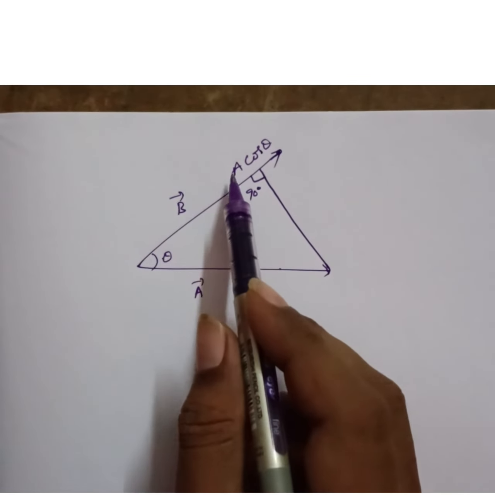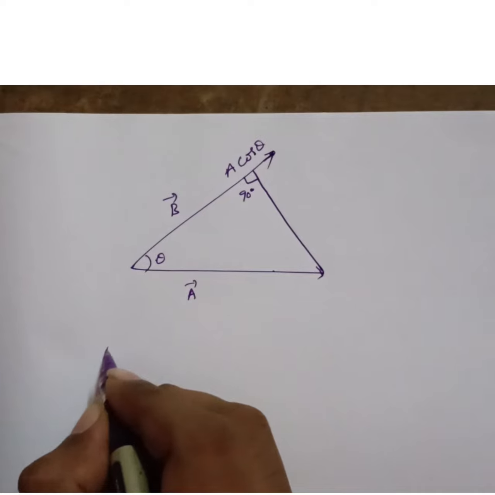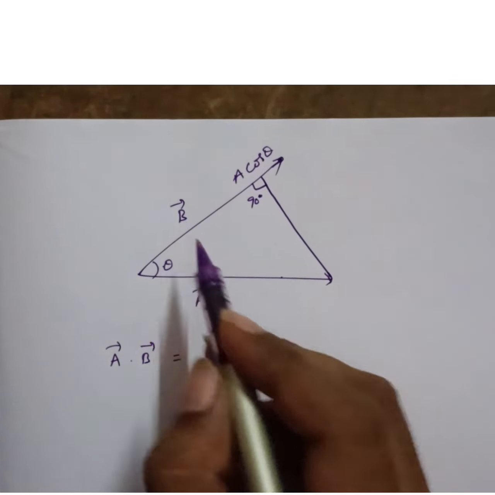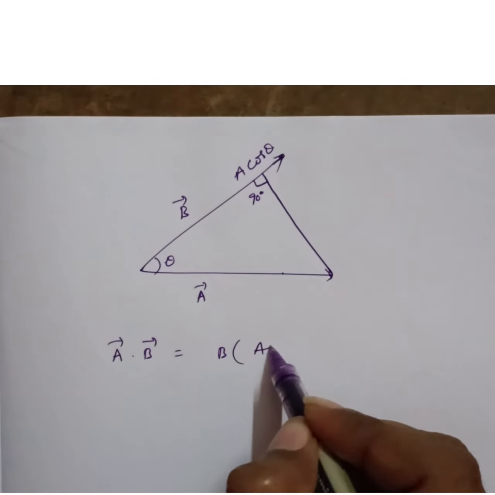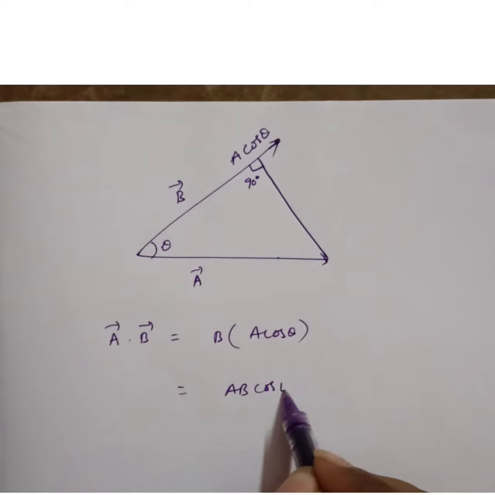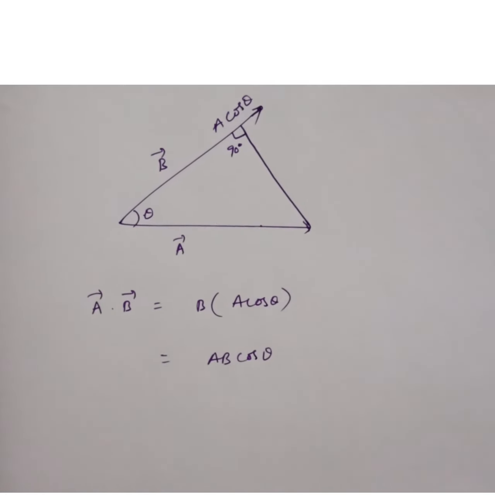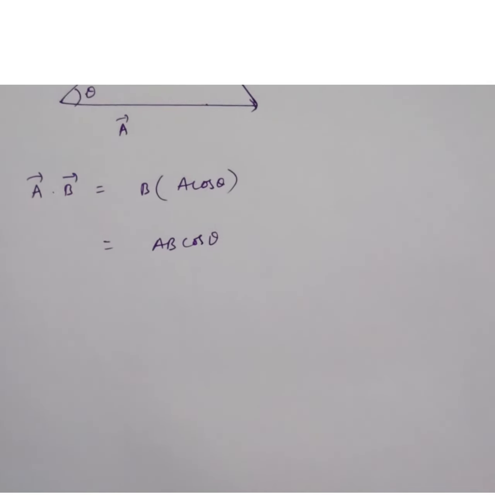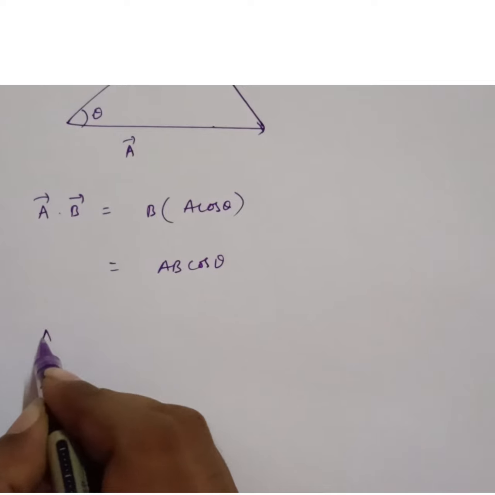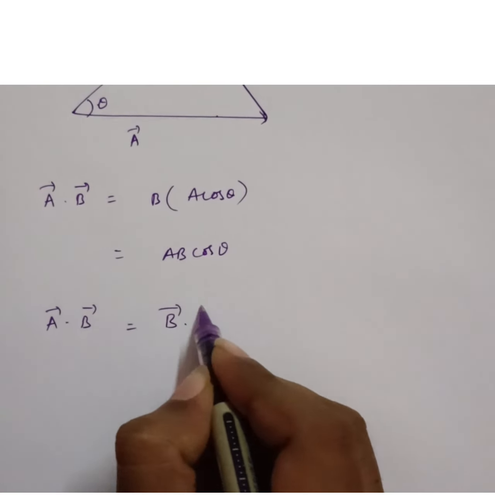Here the angle is theta, so it is a cos theta. Here it becomes a sin theta. So here also a bar dot b bar equals magnitude of b times a cos theta, we get ab cos theta. A is the magnitude of a bar, B is the magnitude of b bar. Now we will see some properties, like a bar dot b bar equals b bar dot a bar.